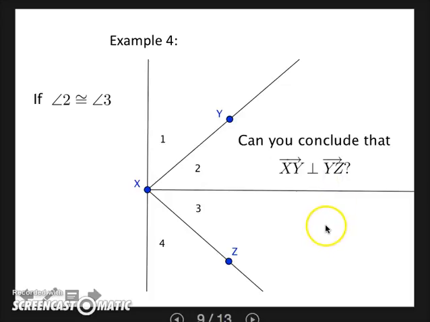For this example, I want to show you an applet that I made on GeoGebra again. If angle 2 is congruent to angle 3, can we conclude that ray XY is perpendicular to ray XZ?